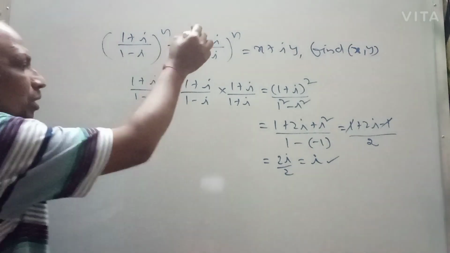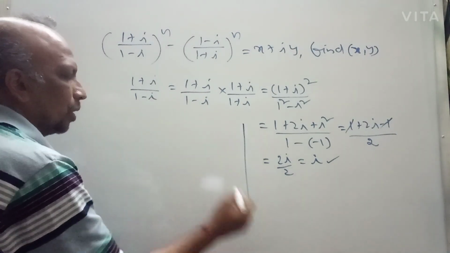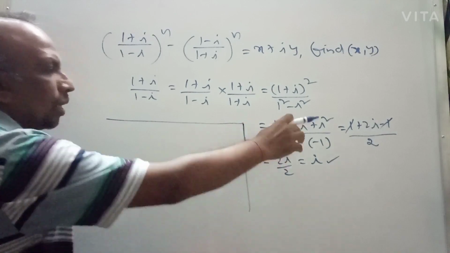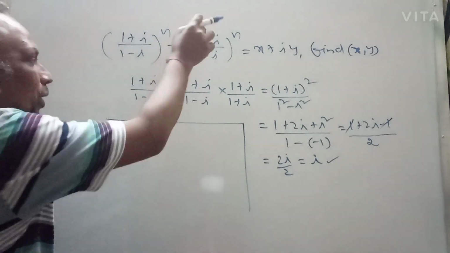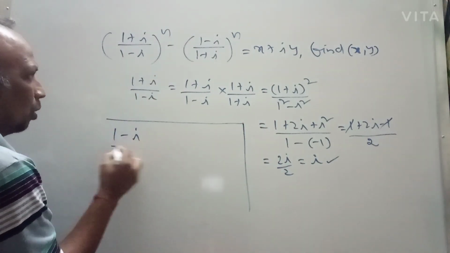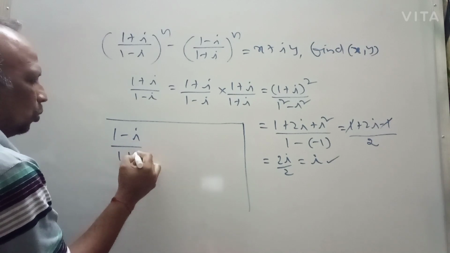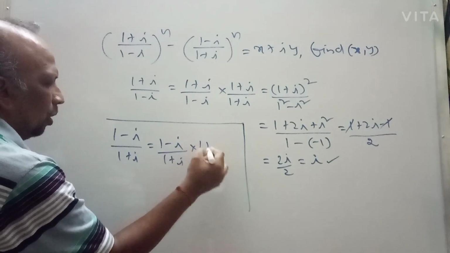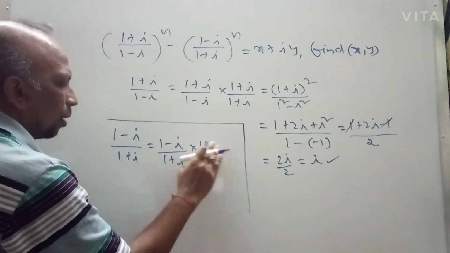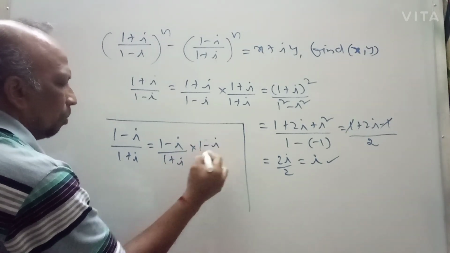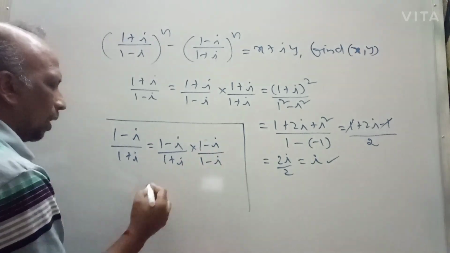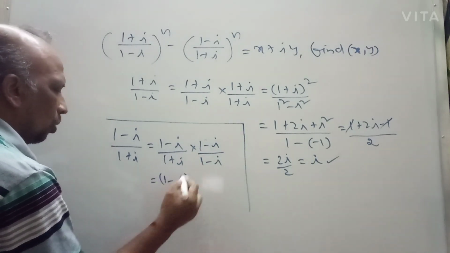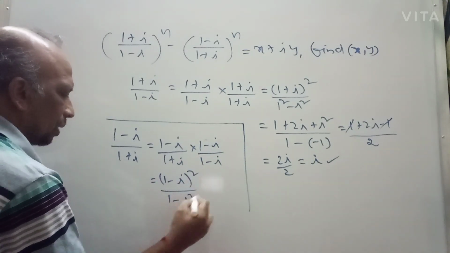Similarly, you can try for this also. You take this value, 1 minus i by 1 plus i. The rationalizing factor is 1 minus i by 1 minus i, so you get (1 minus i) whole square by 1 minus i square.